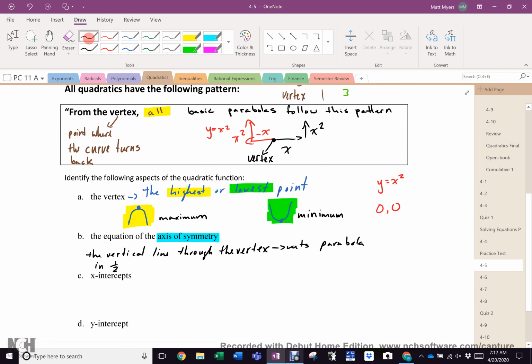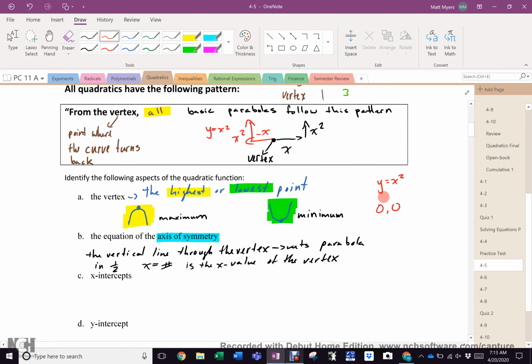So it is always x equals a number, and that number is the x value of the vertex.